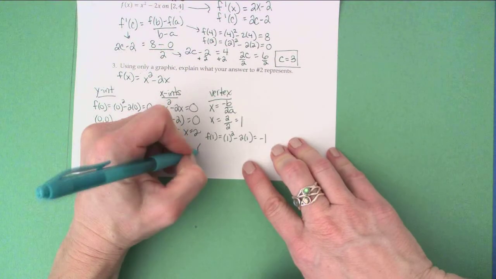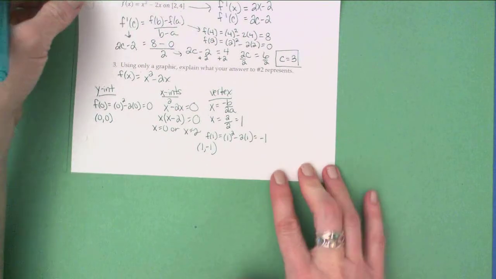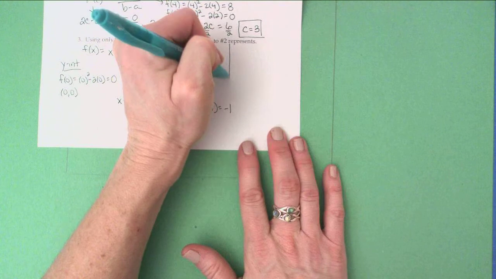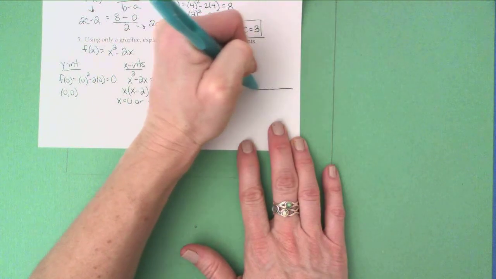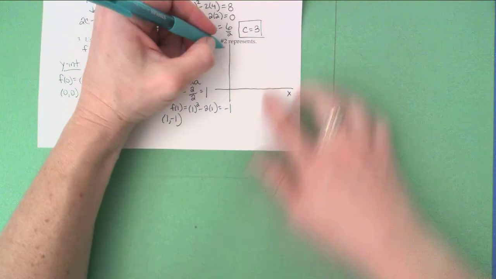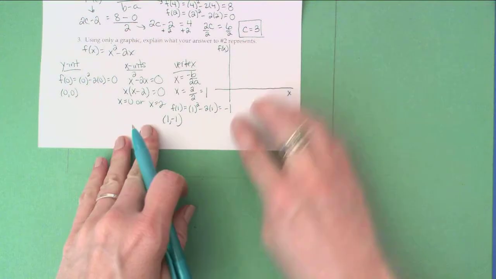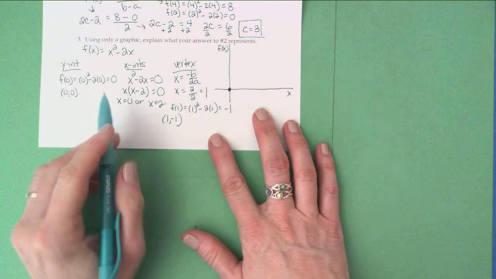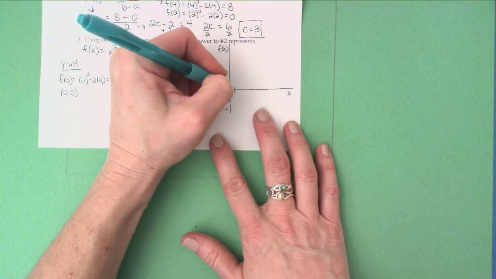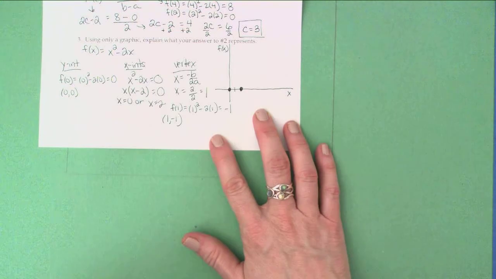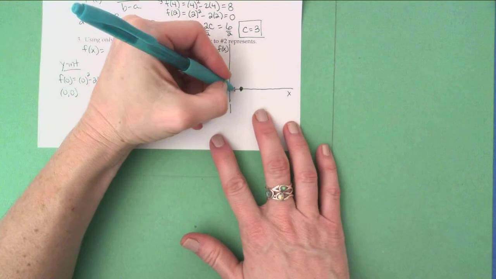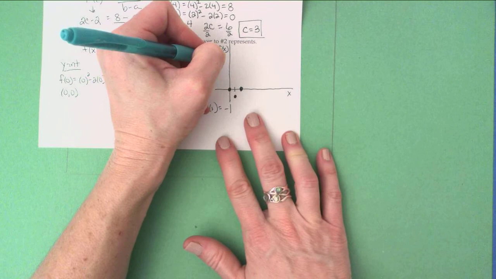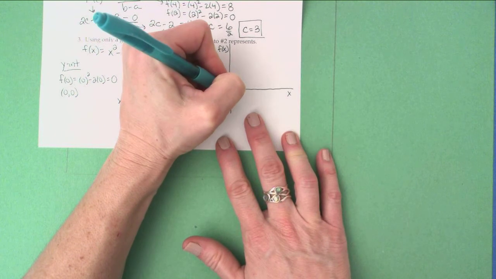So I have a vertex at (1, -1). So, putting this onto a graph, remember I'm supposed to be getting a graphic here. Here's x, here's f of x. I've got (0, 0) as my y-intercept. I've got (0, 0) and (2, 0) as my x-intercepts. I've got (1, -1) as my vertex. So this graph is just going to come through here, hit the vertex, and then sail on its way.